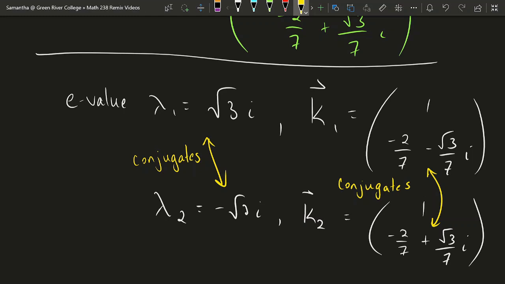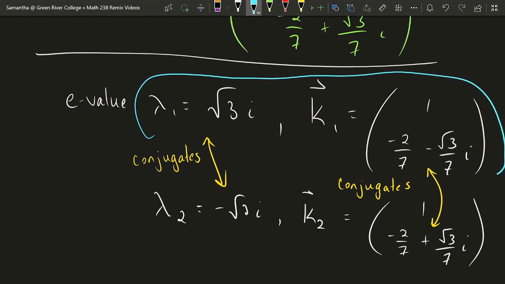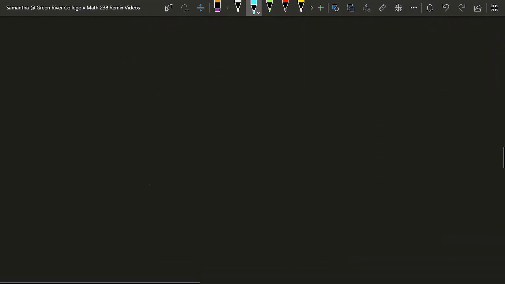And so what this allows you to do is basically solve the problem in half the usual time. All you have to do is find one eigenvalue and one eigenvector, and then you get the second ones basically for free. All you have to do is change the sign of the imaginary part. So let me show you how I would use that principle in the following exercise.